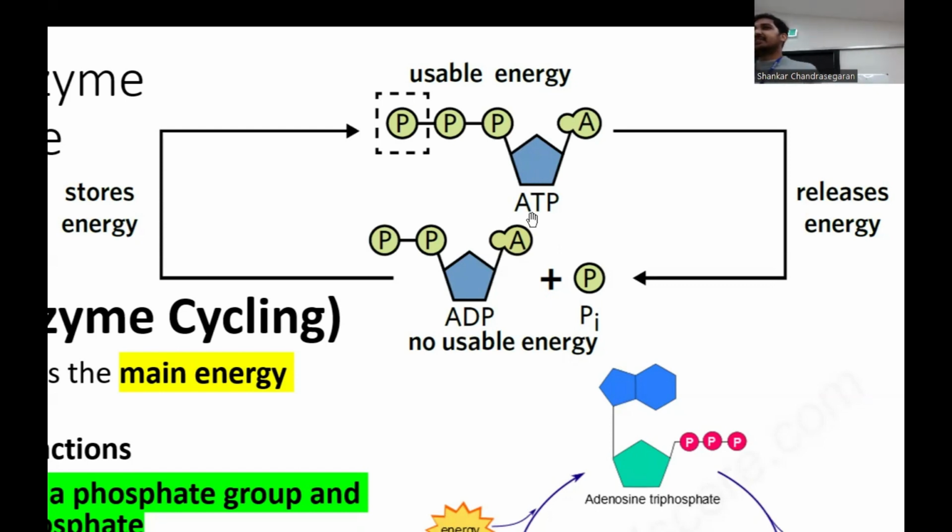Okay, once it's given the energy away, it then goes through a process of getting back that phosphate group to become recharged. Remember, like a battery needs to be used and then recharged so that you can use it again. Same thing with adenosine triphosphate. We need to use it for its charge, for its energy, and then once it's used, we need to recharge it so that it becomes useful again.